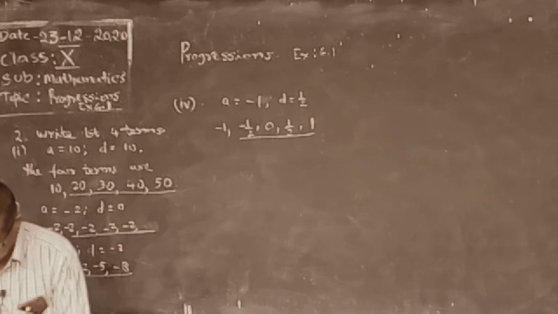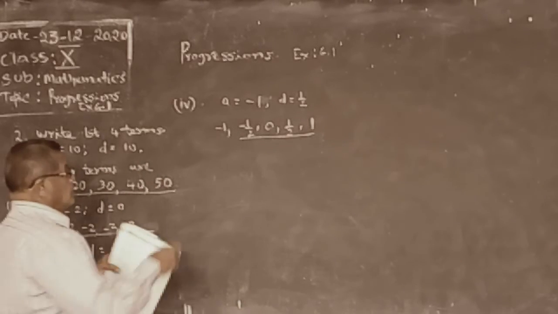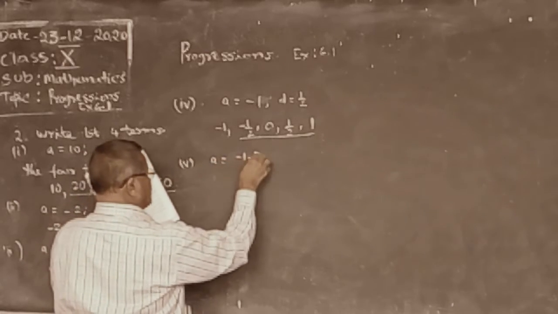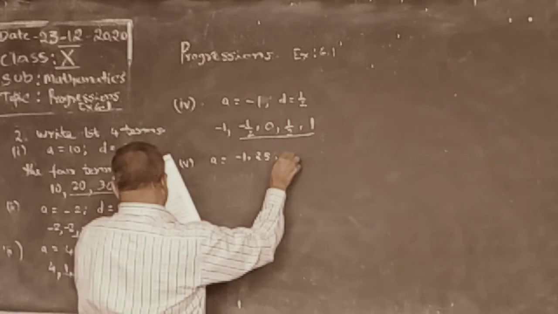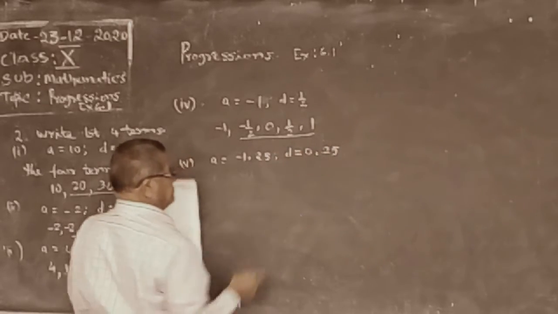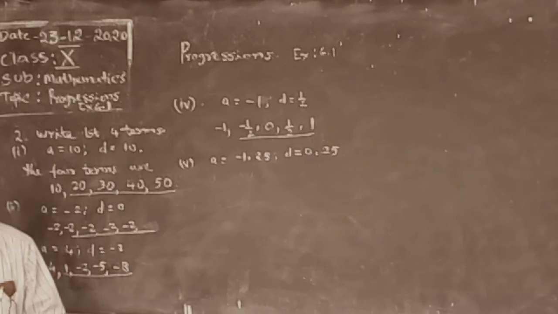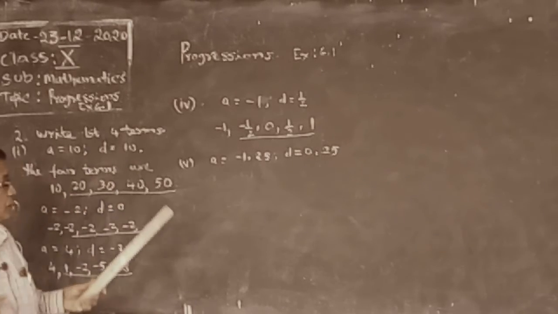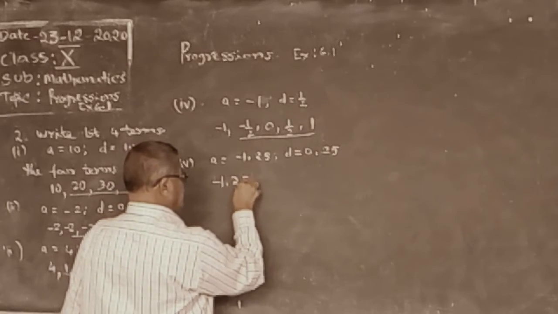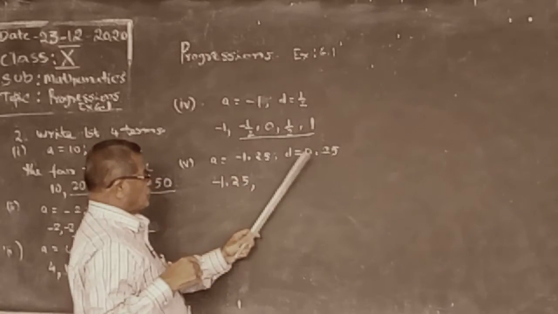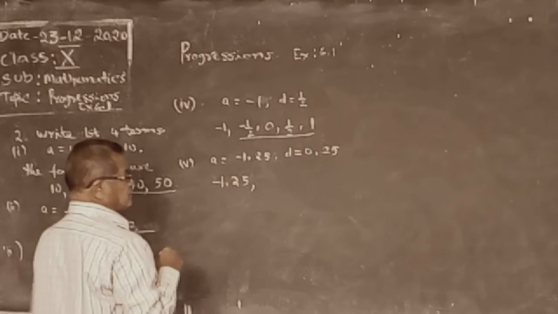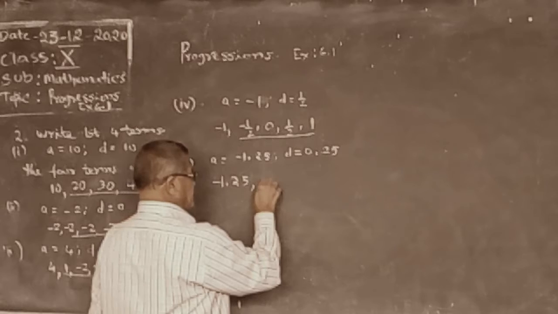Next, fifth. a is minus 1.25 and d is 0.25. The decimals are given. First term minus 1.25. To this we have to add 0.25. Minus 1.25 plus 0.25, it becomes minus 1.